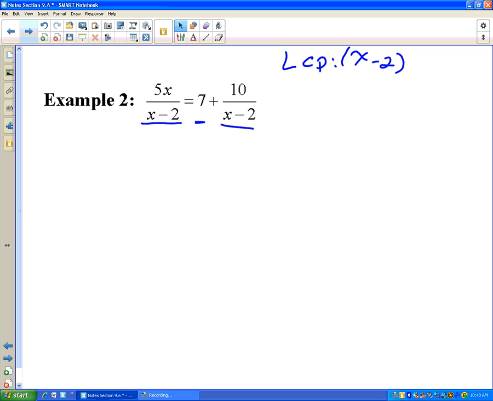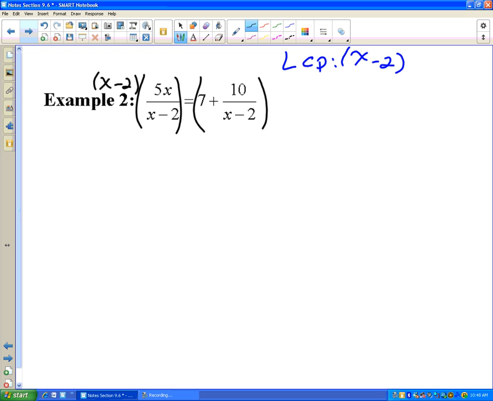So again, I'm going to come over here, and I'm going to multiply the left side of my equation by my denominator, x minus 2. Multiply the right side of my equation by my LCD, x minus 2. And instead of getting a common denominator and adding everything, I'm just canceling out all my denominators.